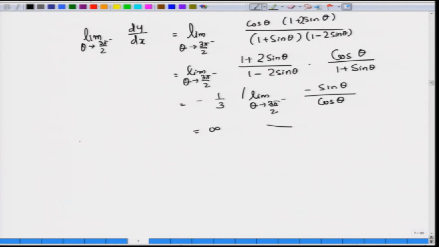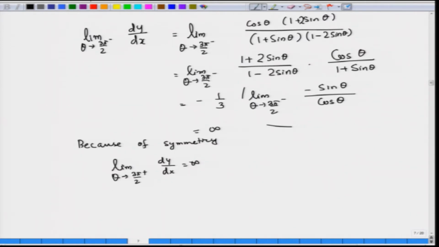Because of symmetry, the limit as theta goes to 3 pi by 2 plus of dy by dx, this also we get as infinity.